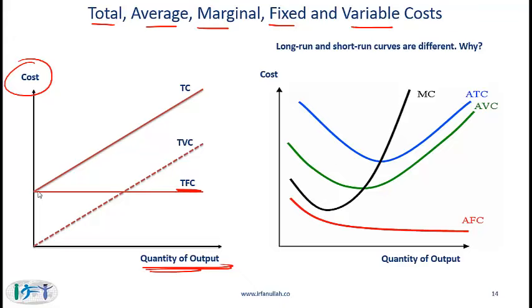So this is our total fixed cost. Total variable cost obviously increases as the quantity of output goes up. Here I have shown a simple linear relationship. With this simple linear relationship, what we are going to have is a total cost, which is simply the total variable cost plus the fixed cost.